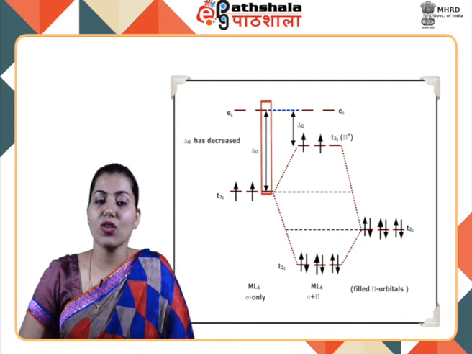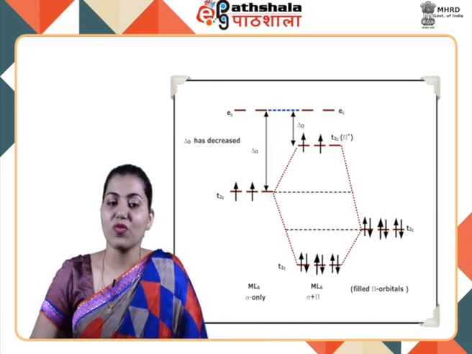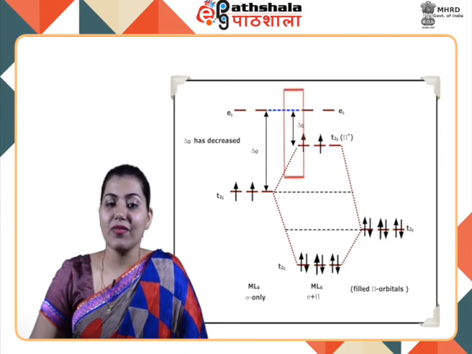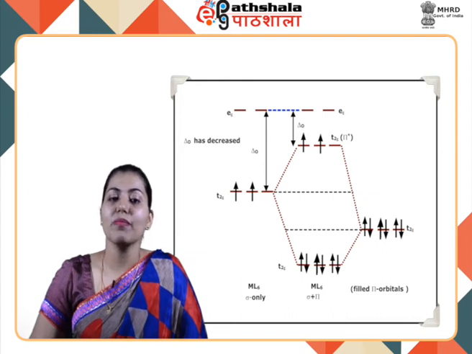The original delta naught value, which was between the T2g orbitals and the eg orbitals of the sigma donor ligands only, has been drastically reduced, since now the T2g orbitals of the filled pi orbitals are somewhat lower in energy as compared to the metal orbitals. This leads to a reduction in the value of delta naught.